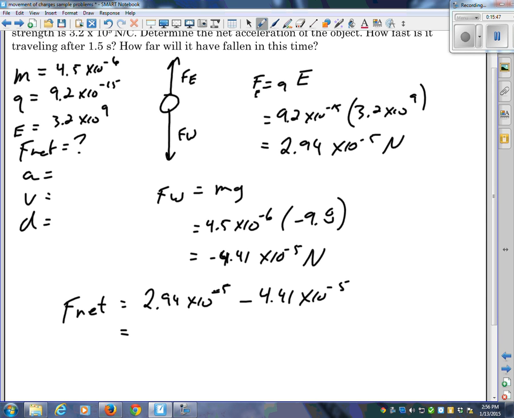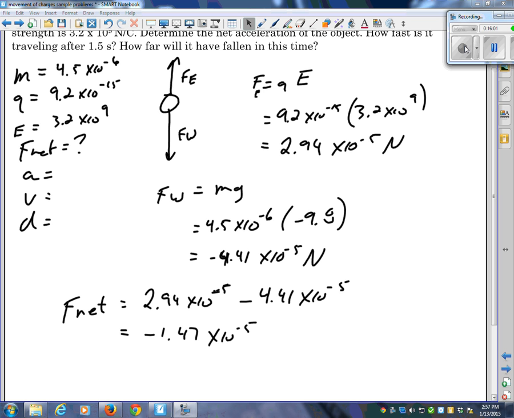I get a net force of minus 1.47 times 10 to the minus 5. Okay, so that's exactly as far as we did the first sample one, right?